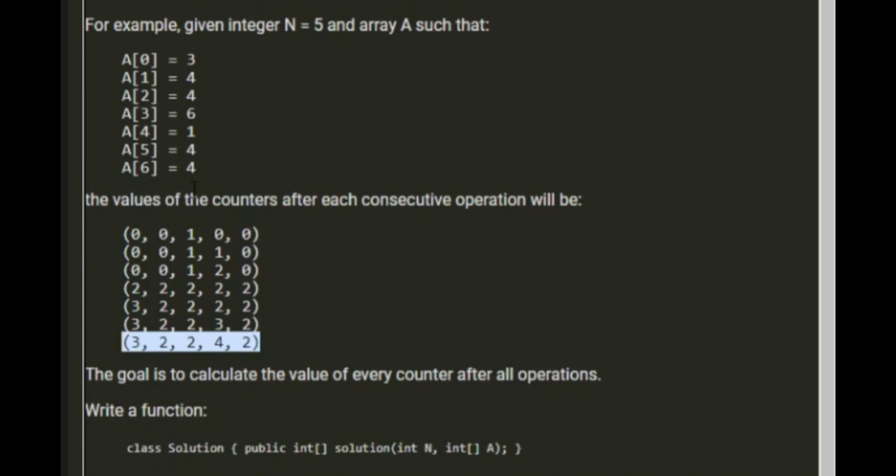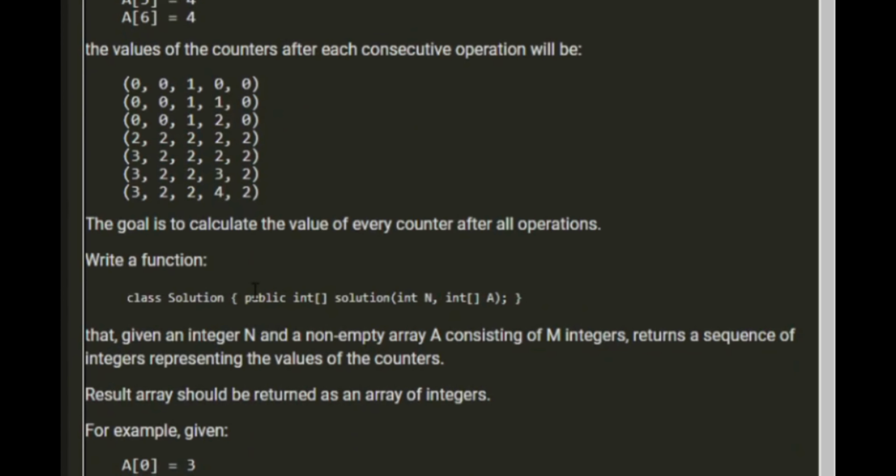So these are operations that we do on this. If it's in the range from 1 to 5, we increase the counter at that index. If it's n plus 1, we just set them all to the max counter. The goal is to calculate the value of every counter after all operations and return that.